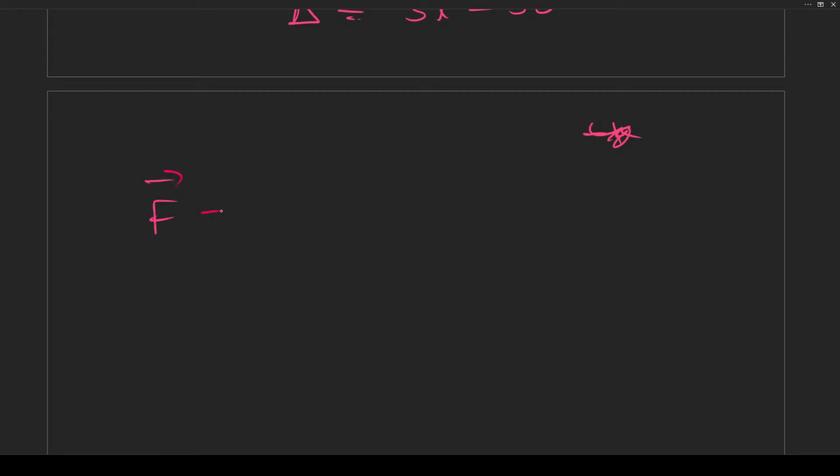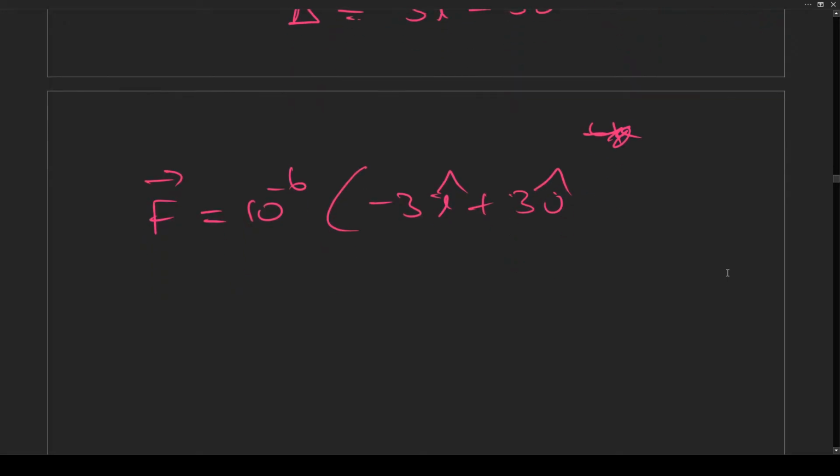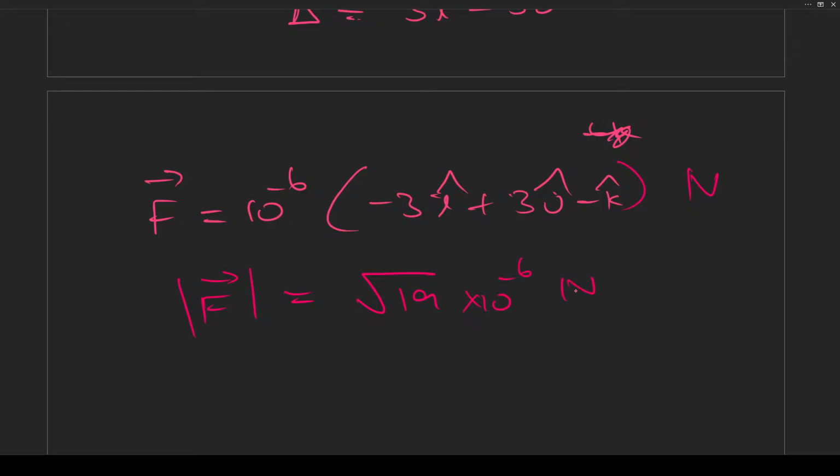So F is equal to 10 power minus 6 times minus 3i cap plus 3j cap minus k cap, which is the force vector. If we take the magnitude, we get the force, which is equal to root 19 into 10 power minus 6 Newton.